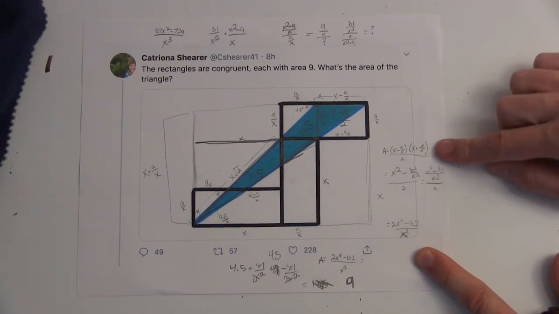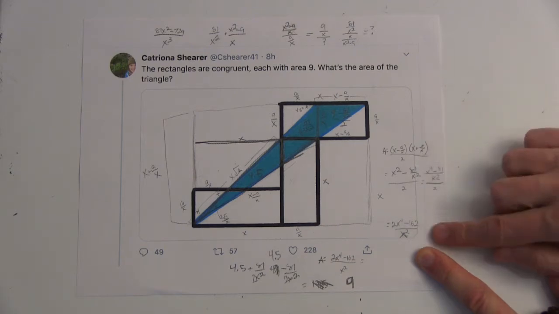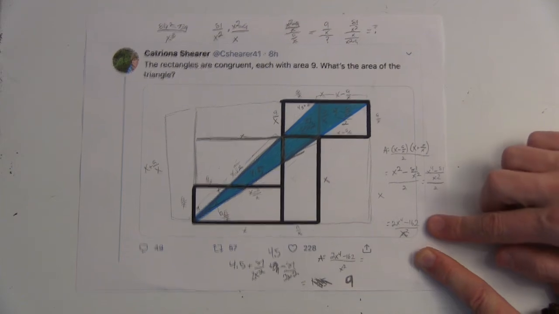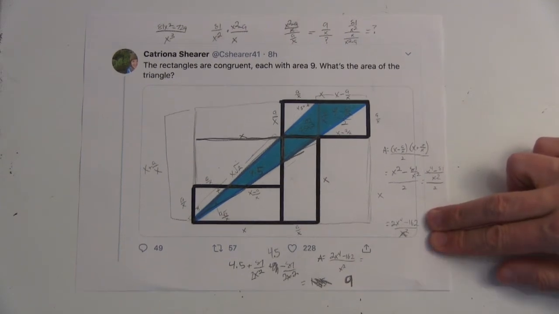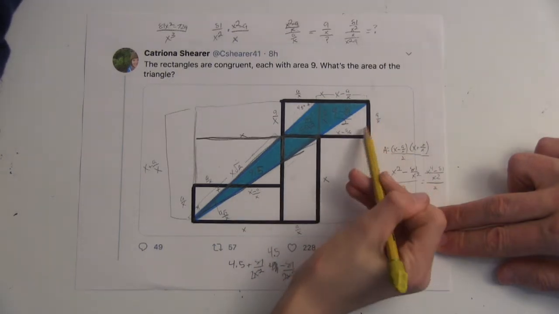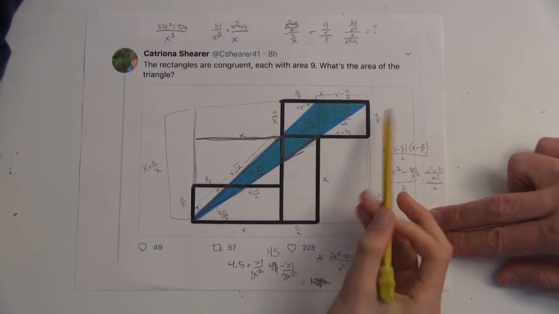So you got a good algebraic expression for the area of the big triangle, and even with the 2 being in the right place, you still need to figure out what x is. Then I tried looking at some of the other triangles to see if I could figure out anything, but I couldn't really figure out anything that I didn't already know.